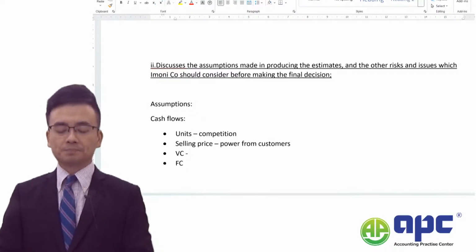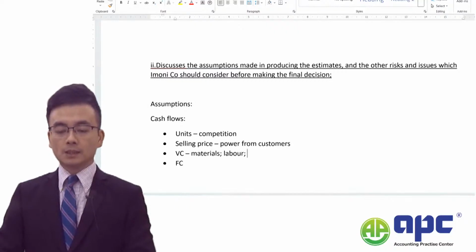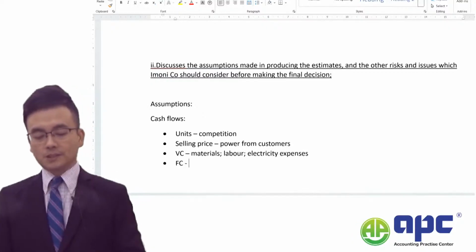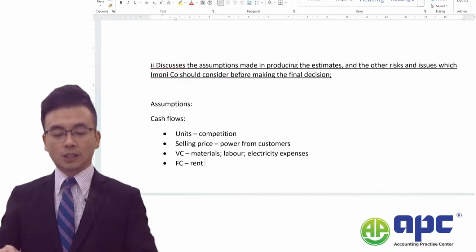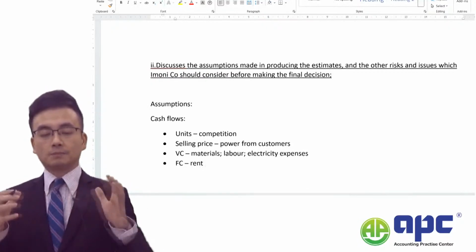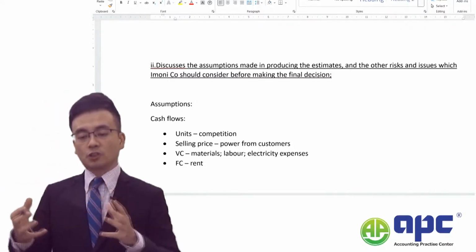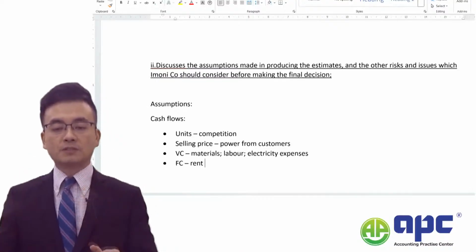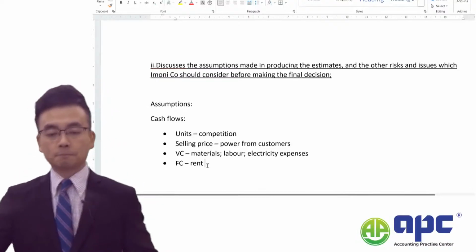So, for example, they're related to materials, labour, and other, for example, electricity expenses, forecasts. Fixed costs may change. So, for example, you can say that rent expense may change. Okay, you can't simply say that the units may change. Full stop. You need to say that, for example. Okay, use a very, very brief sentence. That will be absolutely fine there.